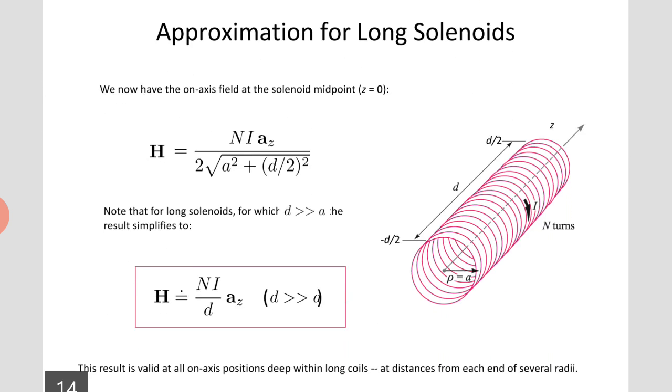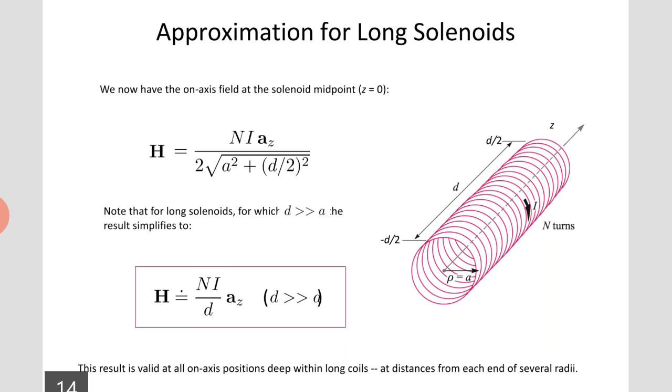Now here we want the approximation for long solenoids, so you can consider the same figure. We have the on-axis field of a solenoid at the midpoint z equal to 0, that is H equal to n I az divided by 2 into root of (a square plus (d by 2) square). For a long solenoid, the value of d is much greater than a.